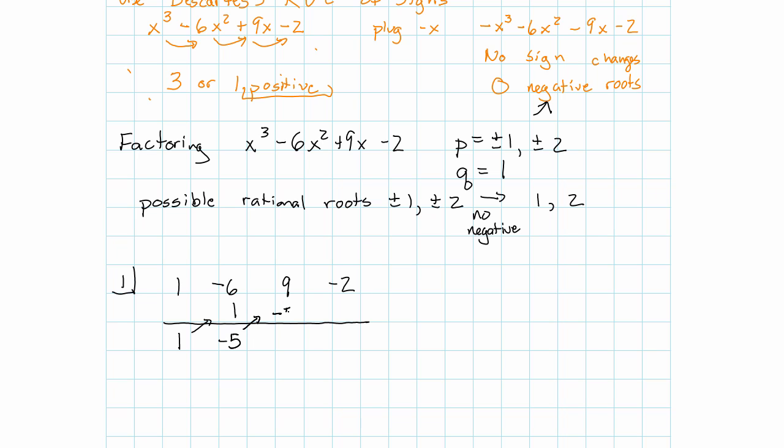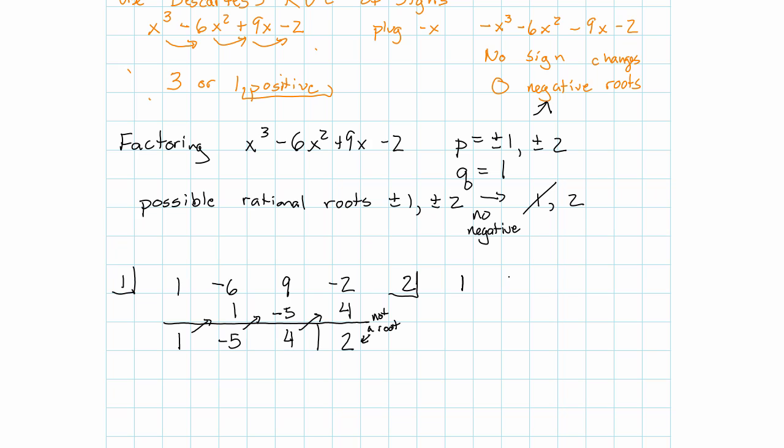Times 1 is negative 5, plus positive 9 is positive 4. Times 1 is 4, plus negative 2 is 2. We got a remainder. 1 is not a root. 2 is the only possibility left. Let's try it.